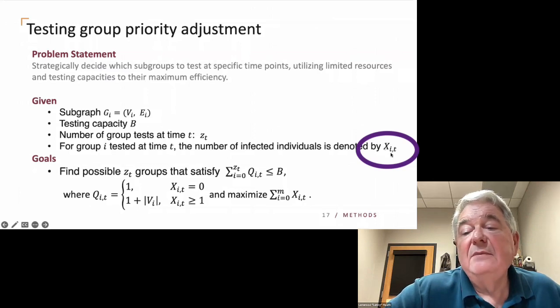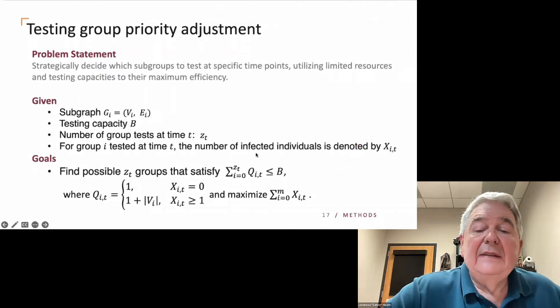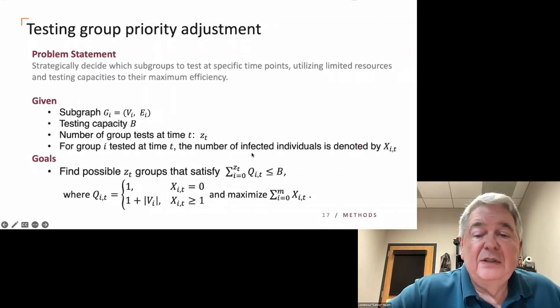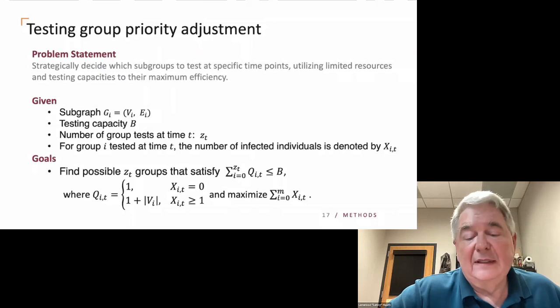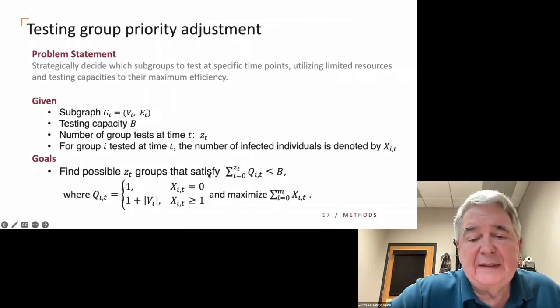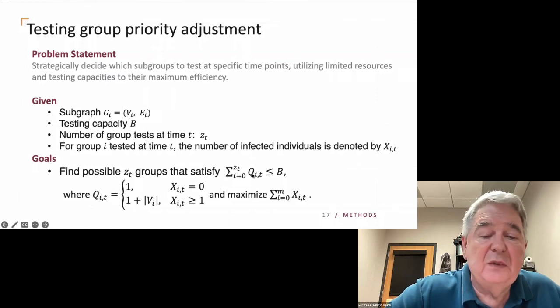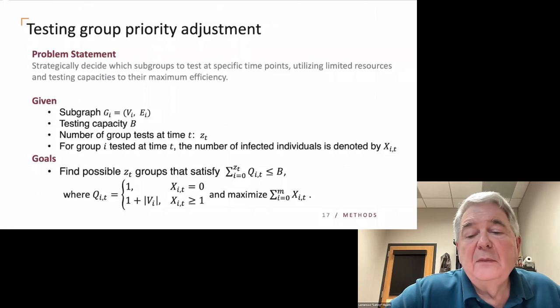This is, we might say, a random variable for subgraph I and time t. It is the number of infections that we know about, let's say. For the groups that were tested, we want to keep the number of tests, which is QIT, the total number of tests, bounded by B.